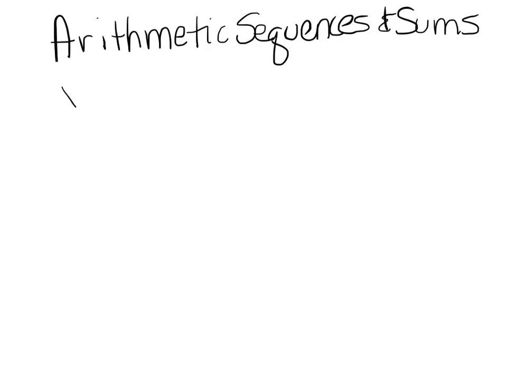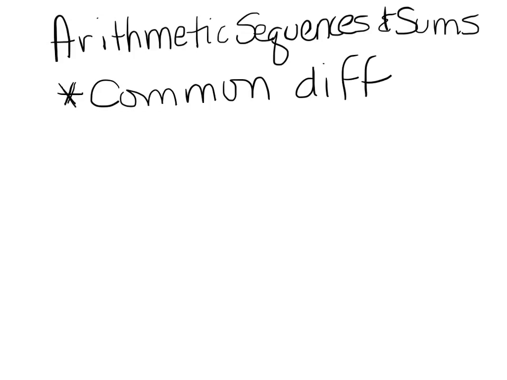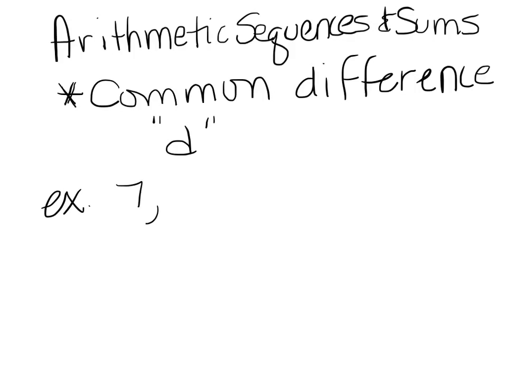The defining feature of arithmetic is that there is a common difference between two consecutive terms, okay? And we typically will call that common difference D. So when I say a common difference, let's take an example, it's probably the easiest way. Say you had 7, 11, 15, 19, and so on.